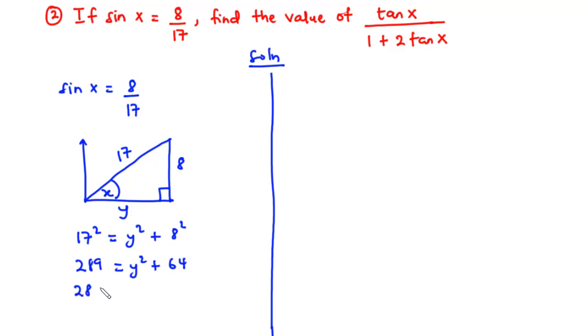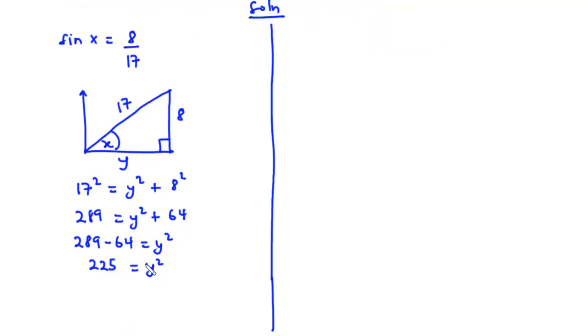We have 289 minus 64 equals y squared, and this gives us 225 equals y squared. So we take the square root of both sides, and then we have y to be equal to 15. So the value of y is 15. That is the adjacent side.